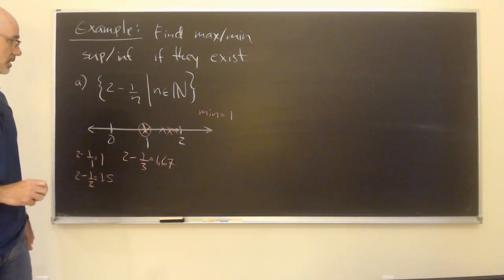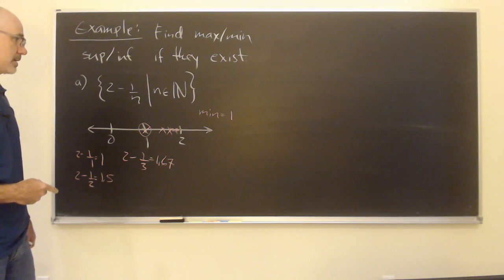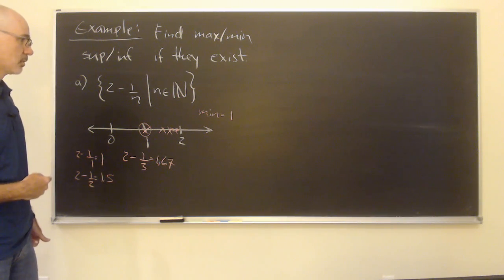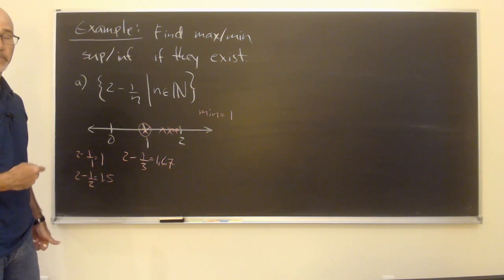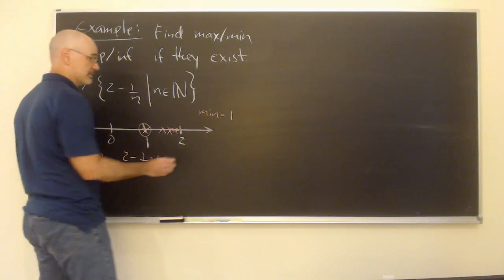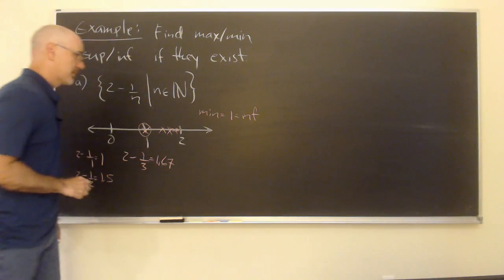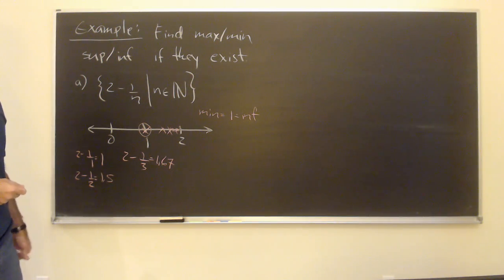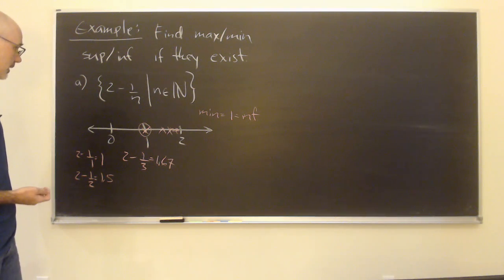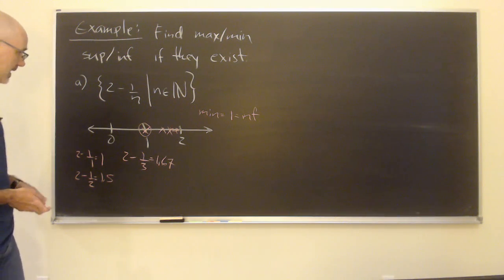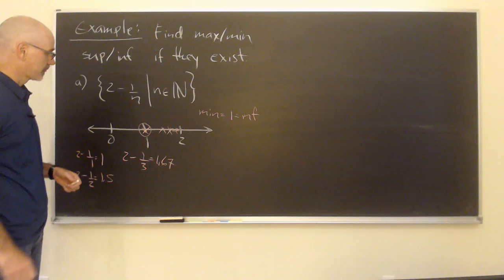As we will show, the fact that it's a minimum, in other words, a lower bound that's also in the set, automatically guarantees that it's the infimum. So if you have a member of the set that serves as a lower bound, it has to be the greatest lower bound.